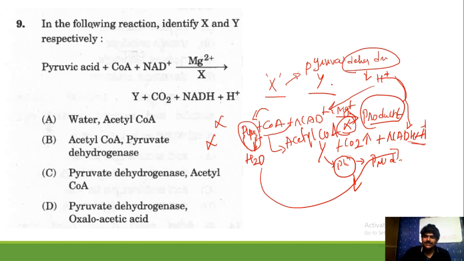Okay, that is the Y, acetyl CoA. So we have eliminated all the others, and the answer is option number C. Okay.